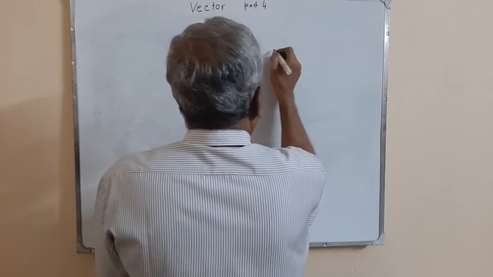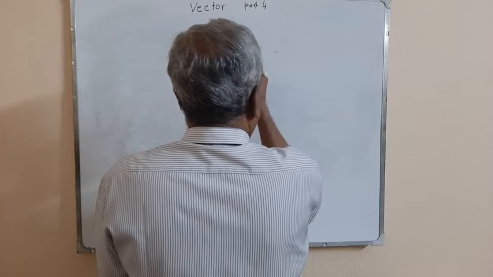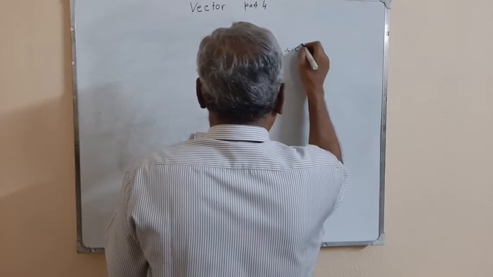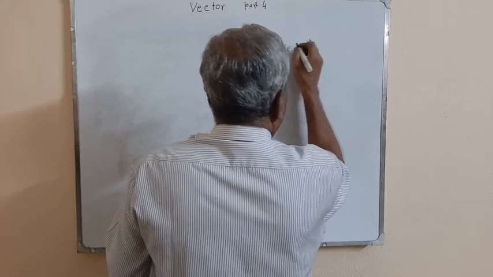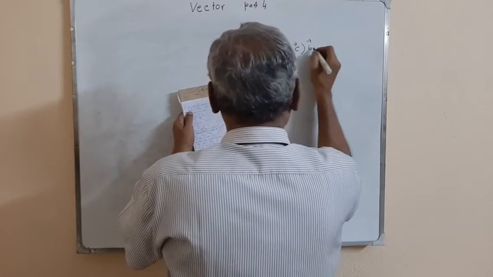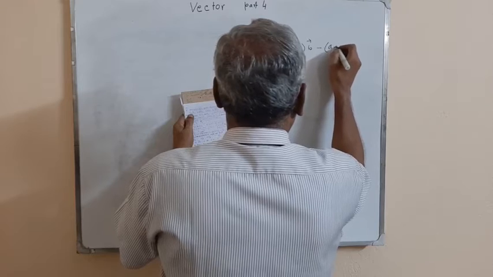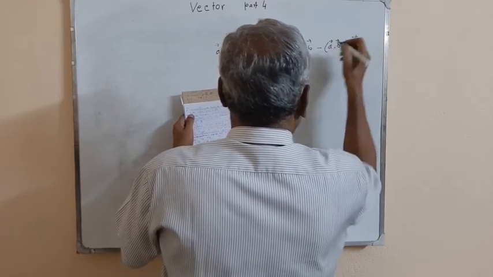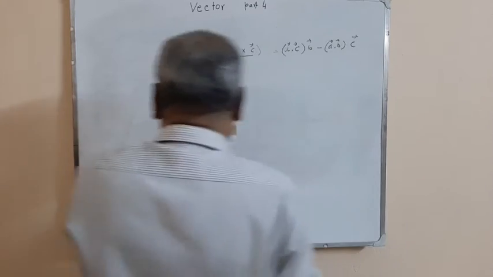Actually, it is formalized: it is equal to A dot C into B vector, the inner vector, minus A dot B into the outer vector C. A cross B cross C is equal to that.